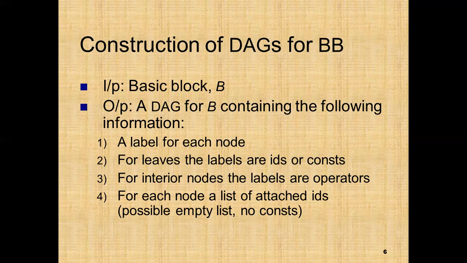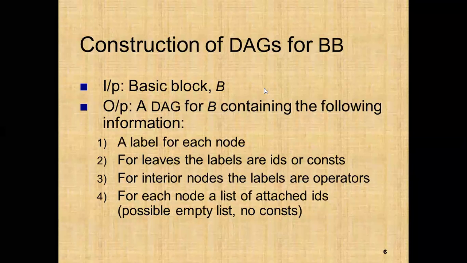Whenever we divide our source program, we will get a number of basic blocks or simply blocks. So now you can see here the construction of directed acyclic graphs for basic blocks. The input is basic block, which we can represent by capital B. Capital B represents basic block, or simply block.